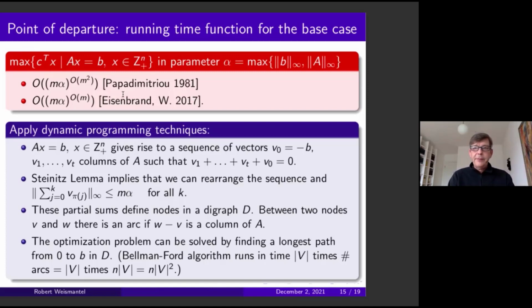That's something that I did with Fritz. So the key idea is to use this Steinitz lemma to get an improved dynamic program. In the interest of time, I will not explain this in detail. I thought it's super elegant, so I could convey it, but unfortunately, I'm a bit too slow.